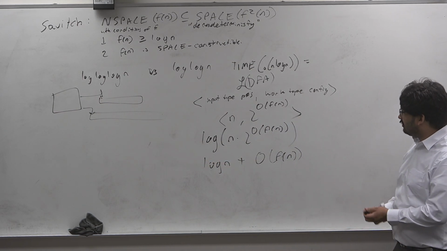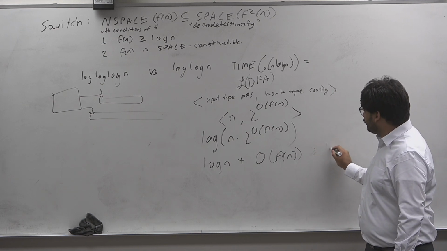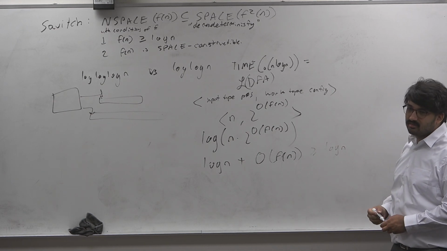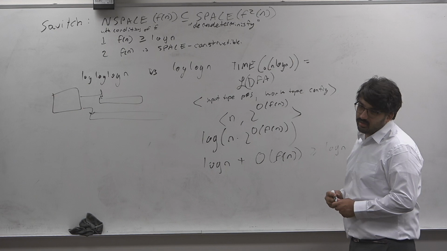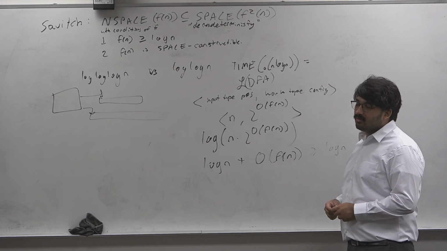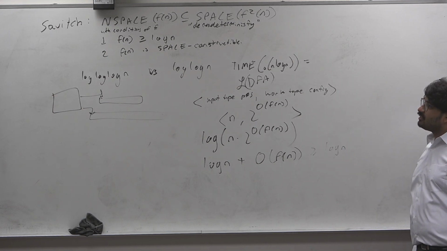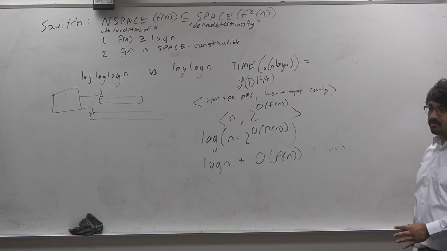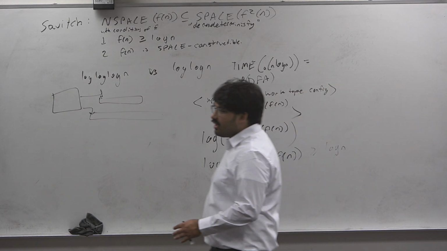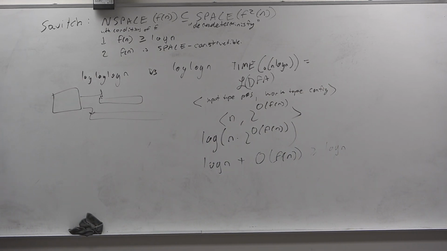You can't beat that. Maybe a different machine could, but it doesn't matter. People look at these kinds of things and say, okay, let me not care about space less than log of n. They just give up and work on something else, right? That's the first point.